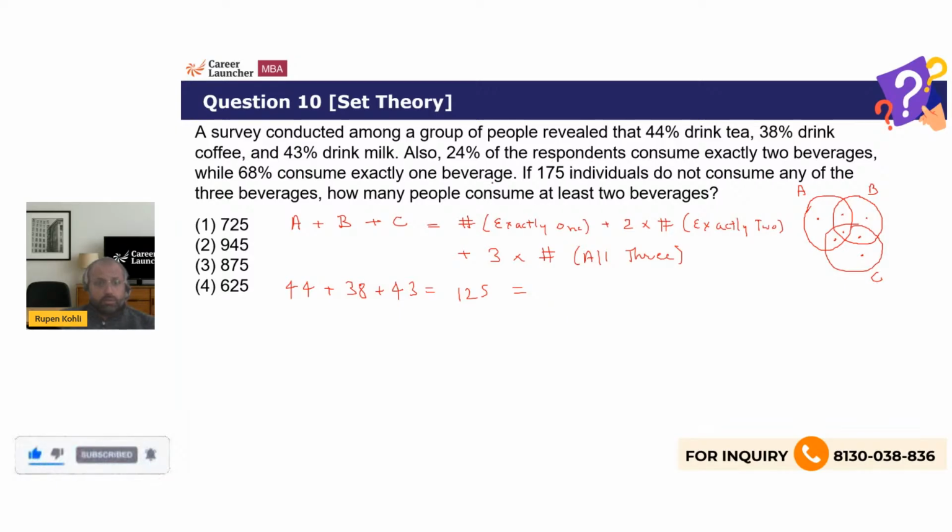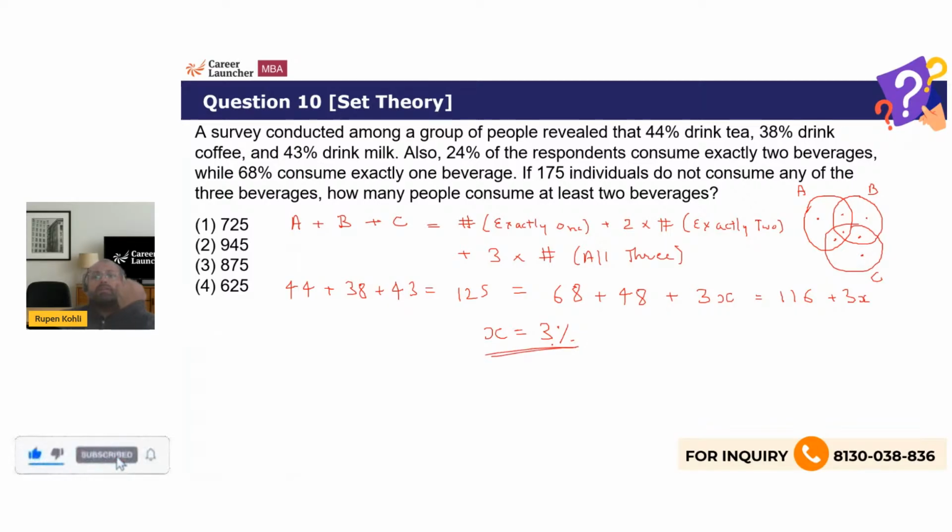I know 68% consume exactly 1, so 68 plus twice of exactly 2, so twice of 24, 48, plus thrice of all 3. Let's call that X percent, so 3X. So 68 plus 48 is 116, plus 3X. 116 and 125, so I'm getting 9 equals 3X. I'm getting X is 3. So X is 3%. So 3% people drink all the 3 beverages.